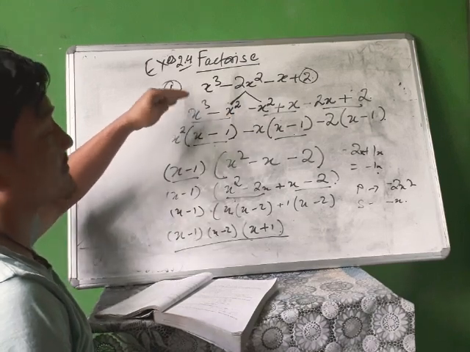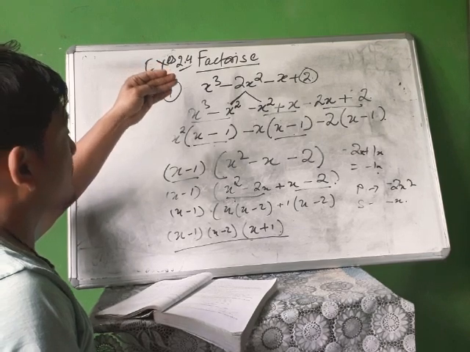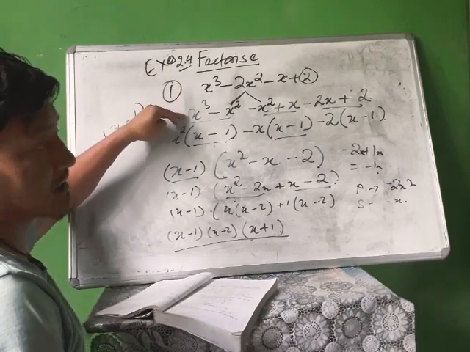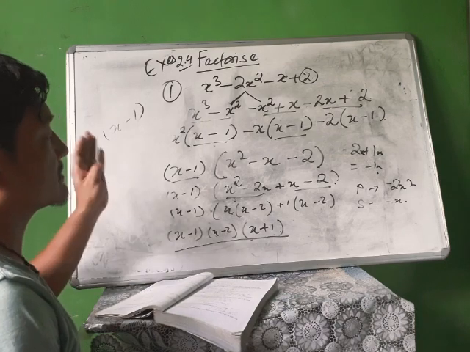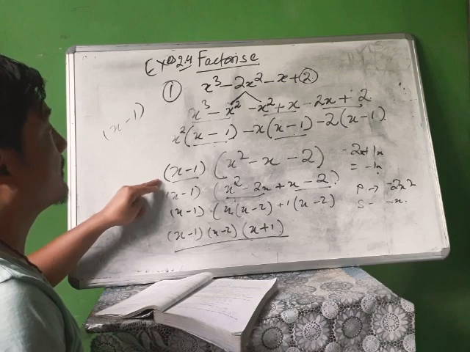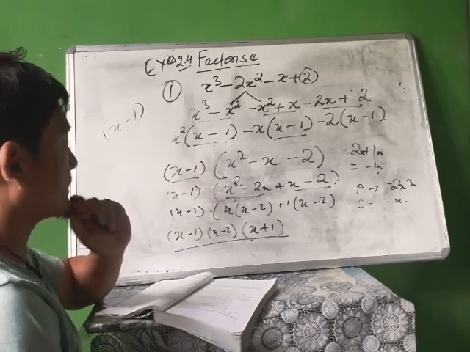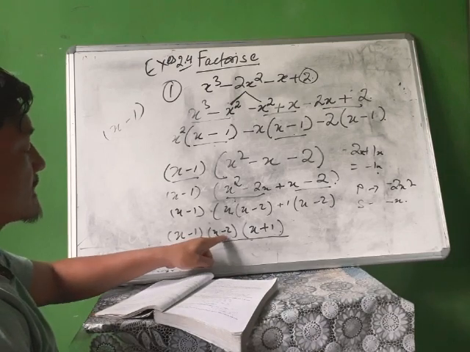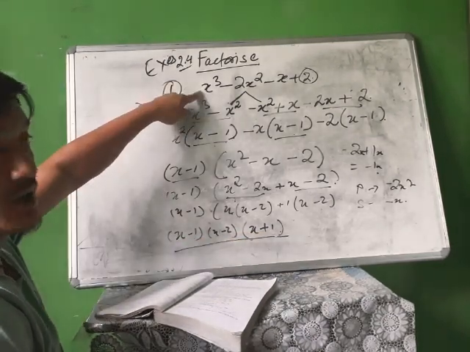So once you are done with this second step, the rest is quite easy. You just need to know how to take the common factor from the given steps. So x minus 1, x minus 2, x plus 1 are the factors of the given polynomial.